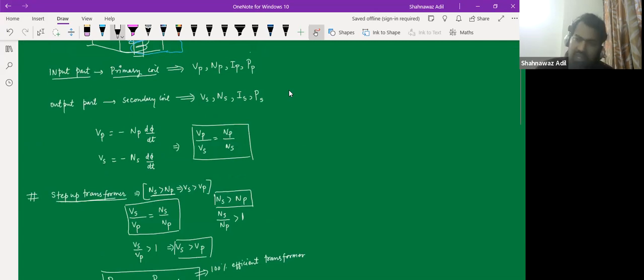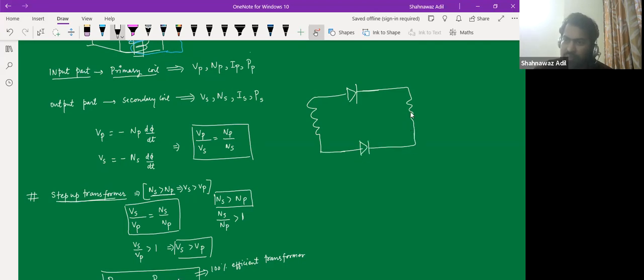In semiconductor devices, you guys have done this, right? Let's say you have this circuit.